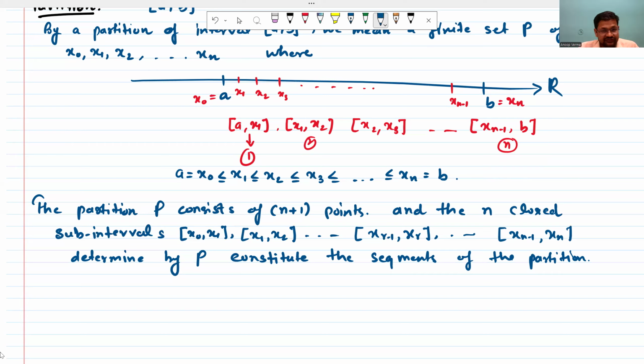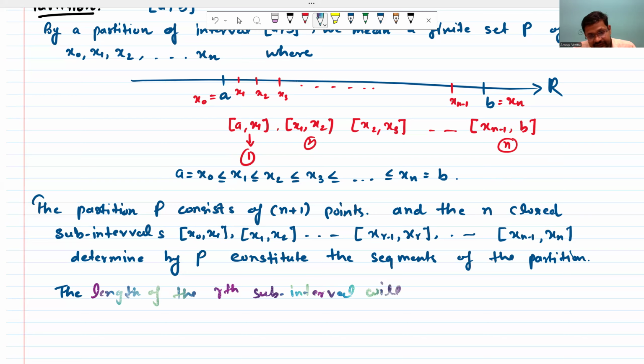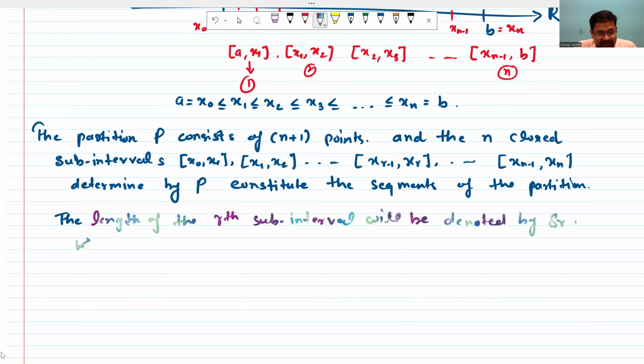So if we talk about length, how the length of each interval is defined, this is defined by delta r. So the length of the rth sub-interval will be denoted by delta r, and you know how delta r is defined, where delta r is simply the length.